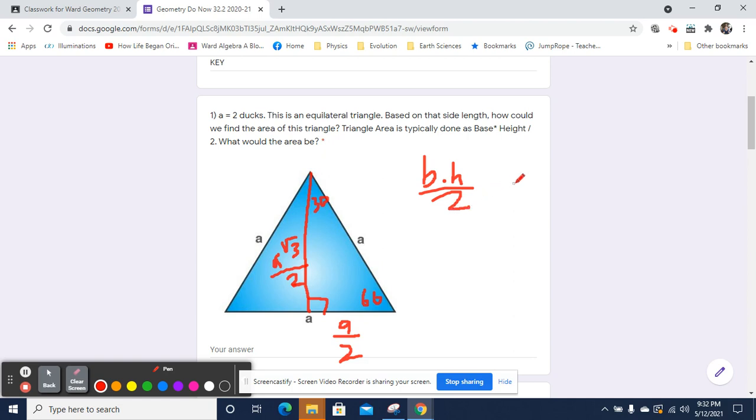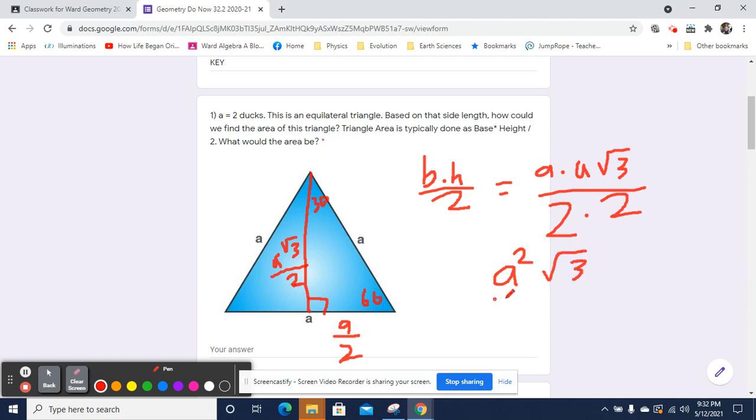So that's going to work out as A times A root 3 over 2. And then since the whole thing is divided by 2, we'll put another 2 factor in there. So this becomes A squared, or side squared, times root 3 over 4.